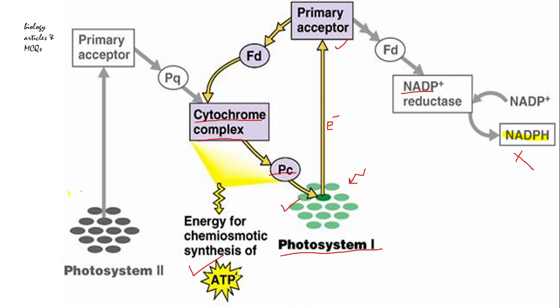So there will be a shift of the non-cyclic pathway towards the cyclic pathway, and this shift will continue until the ATP supply meets the demand. So this is the reason why the cyclic flow happens, and these are the main differences between the non-cyclic and cyclic photophosphorylation.